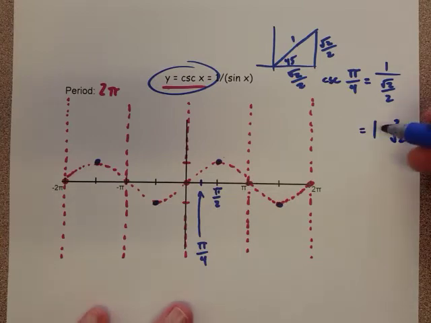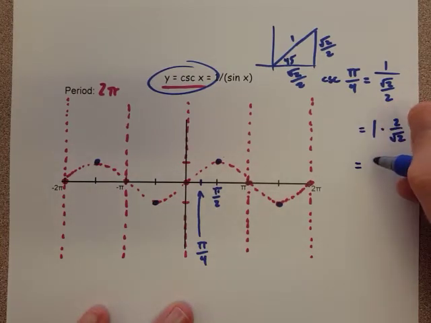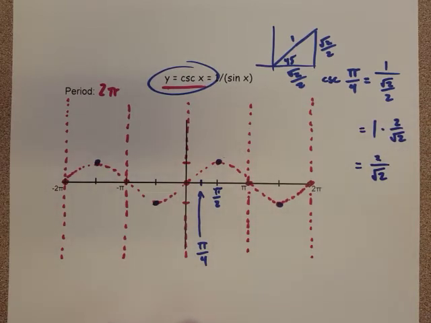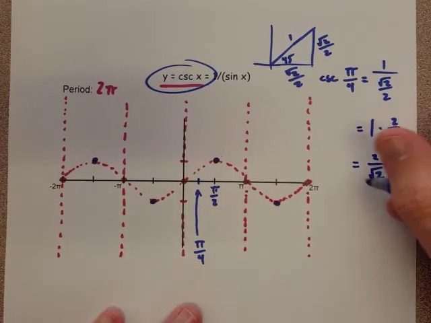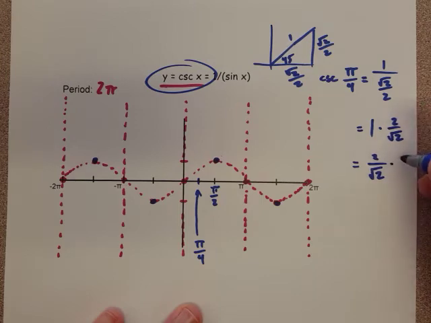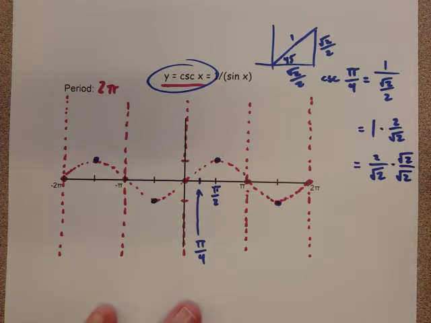Well, and then we know anything times 1 is just itself, so that's the same thing as 2 over square root of 2. Now we need to simplify it and get rid of this root in the denominator, so we're going to multiply by square root of 2 over square root of 2.